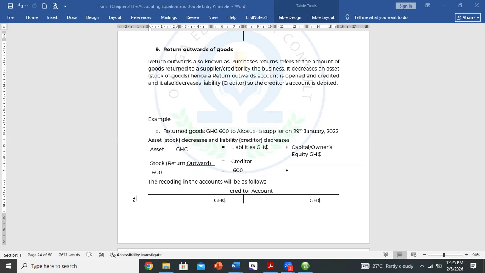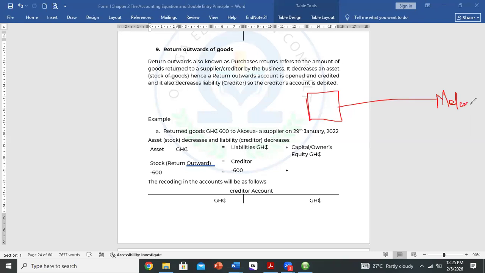I think you appreciate this, right? Return outwards means you are returning the goods back to a creditor. Okay, somebody you bought goods from on credit. Let me see if I can demonstrate this so that we get it. So let's say that this is my business, and Malcolm, where Ghana shops is my supplier.